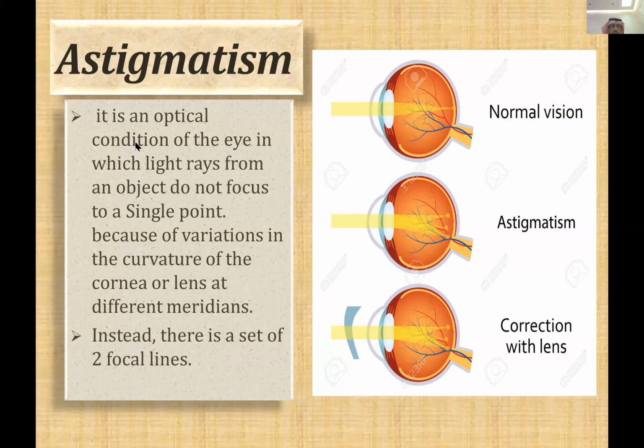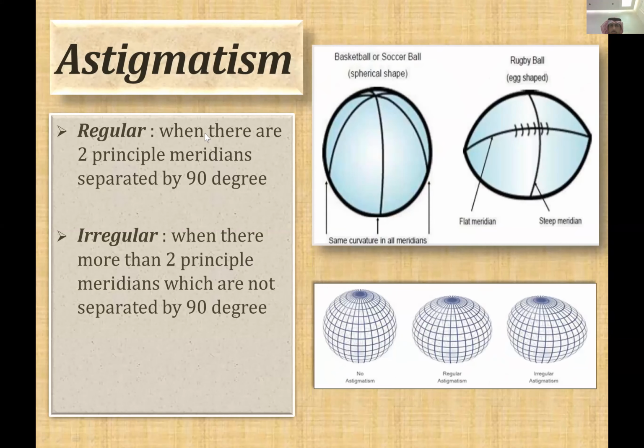Again, astigmatism can be divided into regular and irregular. The regular type is when there are two principal meridians separated by 90 degrees. And the irregular type is when there are more than two principal meridians not separated by 90 degrees. And this picture will clearly illustrate the difference between each type.